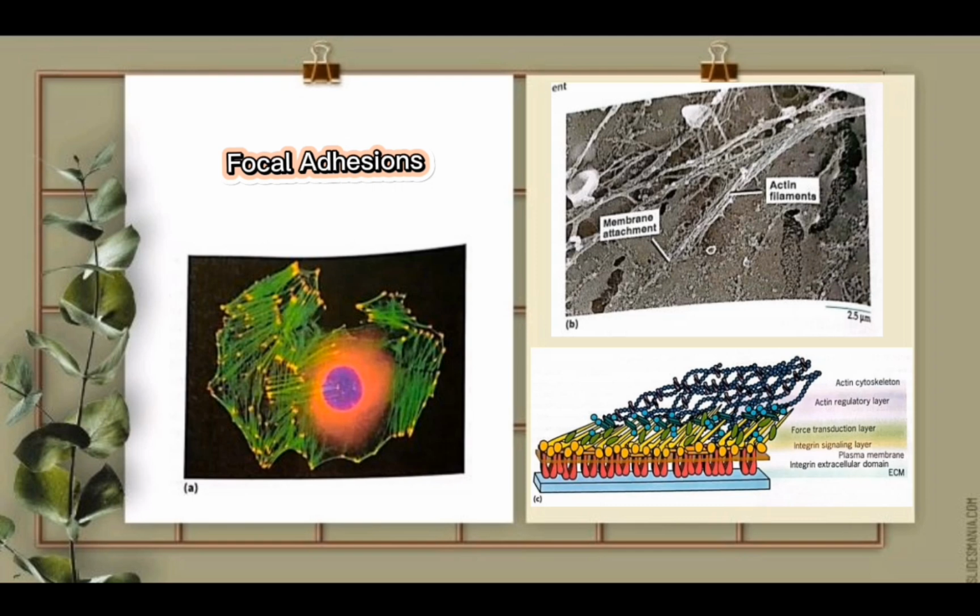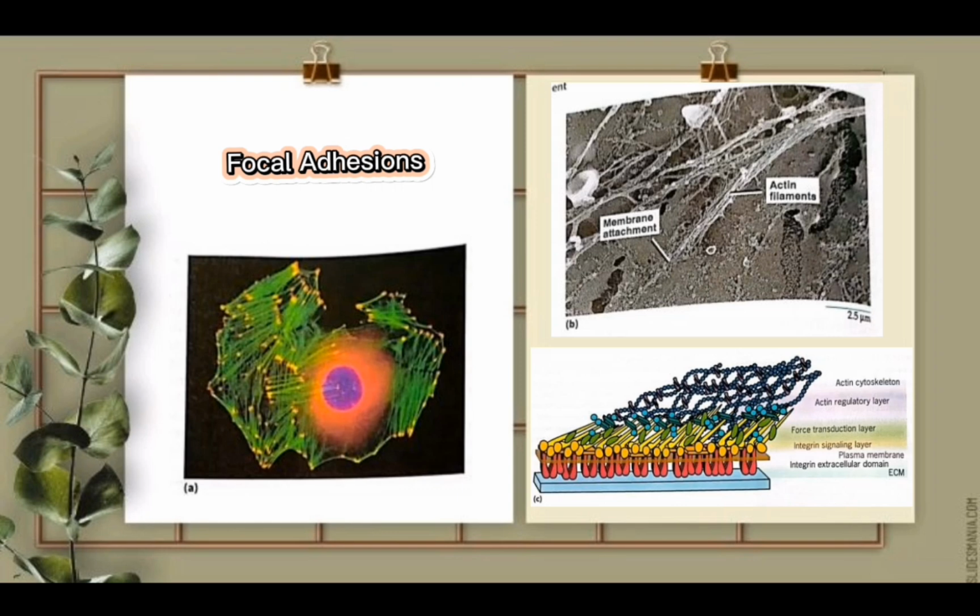So the binding of extracellular ligands such as collagen and fibronectin is thought to induce conformational changes in the cytoplasmic domains of the integrins that cause the integrins to become linked to the actin filaments of the cytoskeleton.